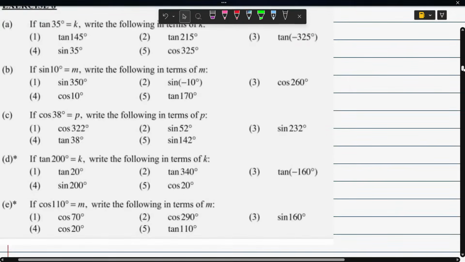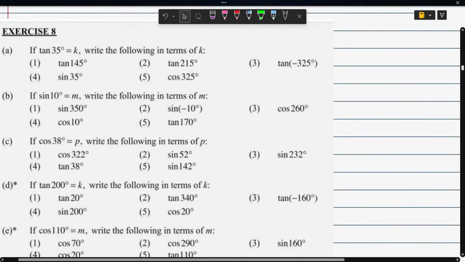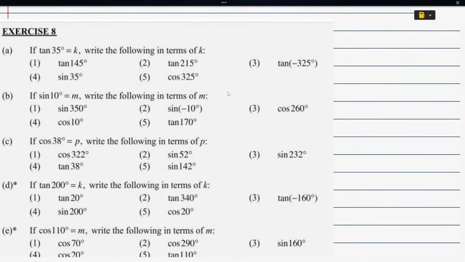Those are the things you need to know. I will do only one question on this one so that you can understand what I'm talking about. This is called reducing numerical values in terms of a variable.